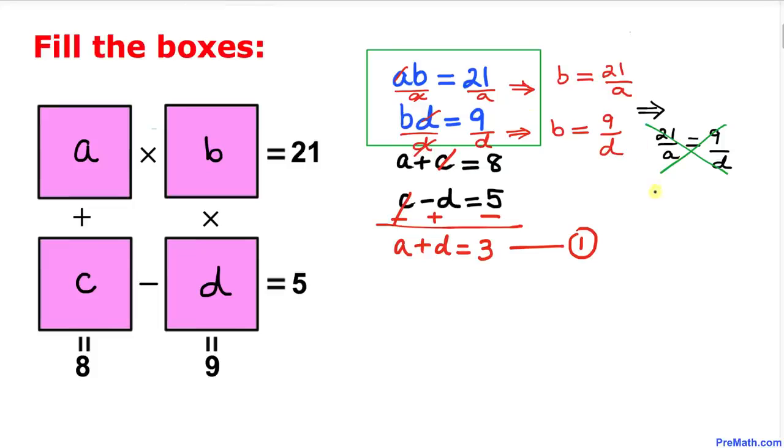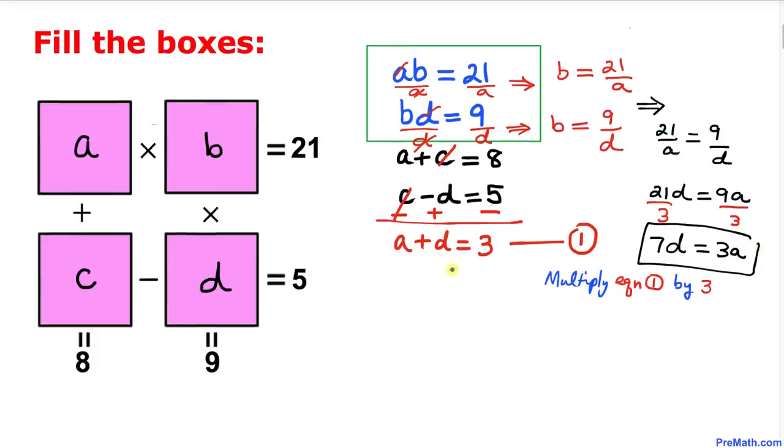So we are going to get 21D equal to 9A. Let's divide both sides by 3 to make things simple. So we ended up with 7D equal to 3A.